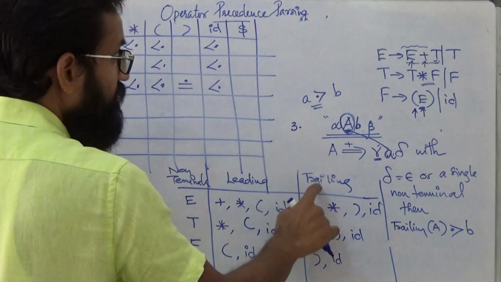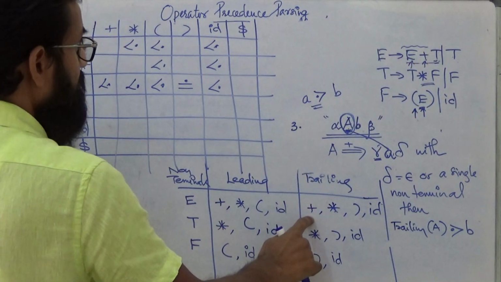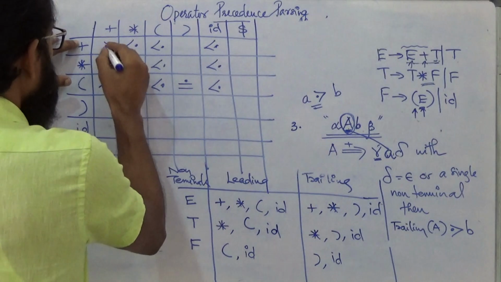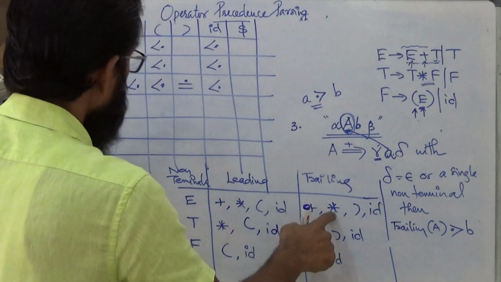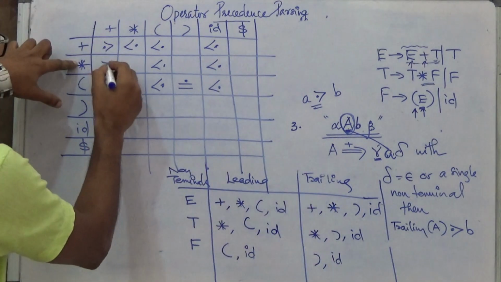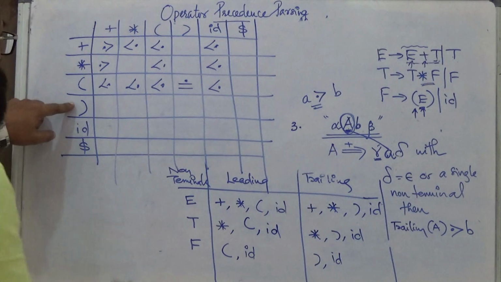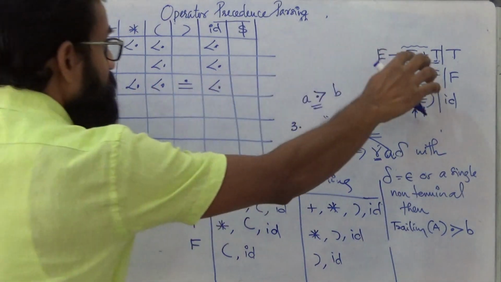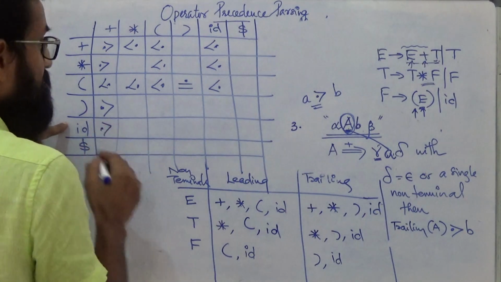Trailing of E is plus, so plus is having greater precedence as compared to plus. Then trailing of E contains star. Star is having greater precedence as compared to plus. Then closing parenthesis is having greater precedence as compared to this plus. Then ID is having greater precedence as compared to this plus.